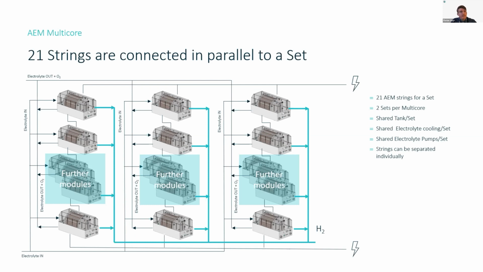So we can separate the strings individually from the rest of the balance of plant, from the rest of the electrolysis process. So you can cut off the electricity and then you can replace the string individually, or do maintenance or whatever you want on the string.